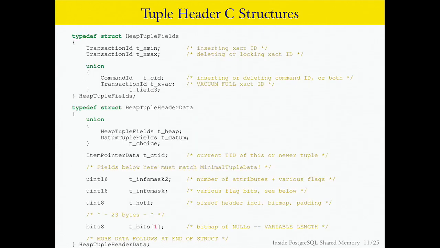Okay. This is the internal representation of what a header looks like. So this is the xmin and xmax. This is very key for transaction control of rows. I'm going to cover that if I get to MVCC. Here's the structure header, the info mask. We have a bitmap of nulls here.